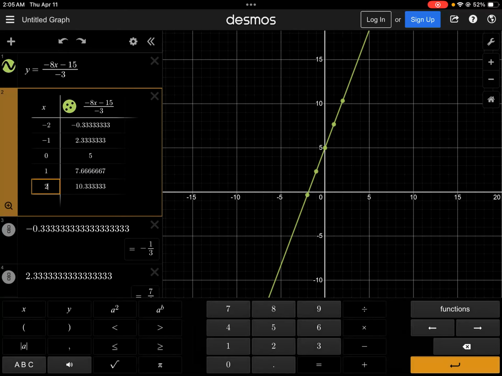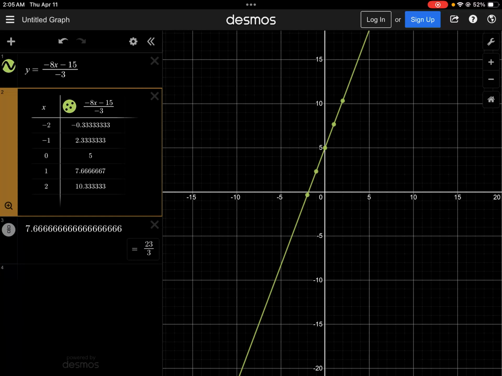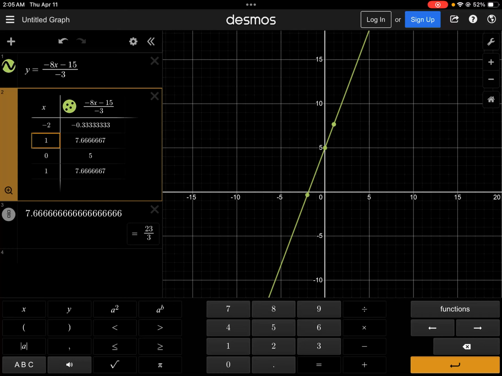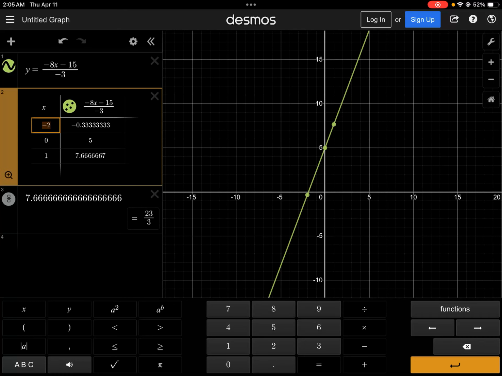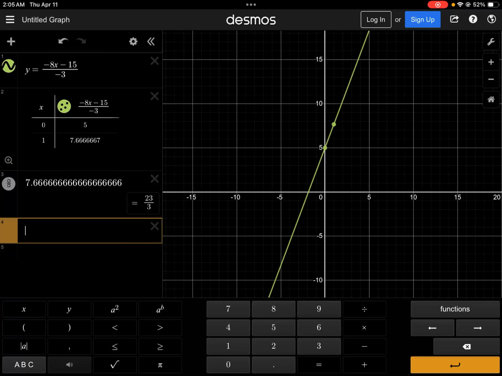But 1 had the 7.666667, so I'm gonna keep this one. Let's get rid of that. So those are the only points that I need, keeping in mind that 1 goes with 23 over 3.